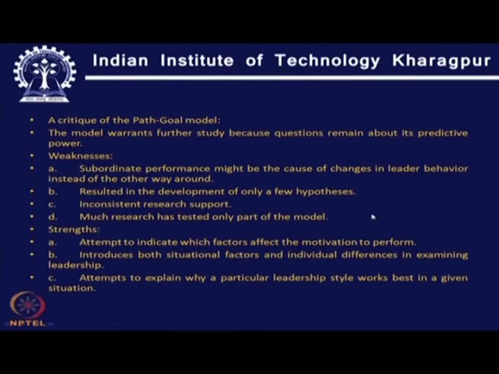A critique of the path goal model is that the concept is still not that well developed for us to discuss it. Regarding predictive power, the weakness is that the subordinates' behavior may be causing changes in the leader's behavior and not vice versa. So, it resulted in the development of very few hypotheses.